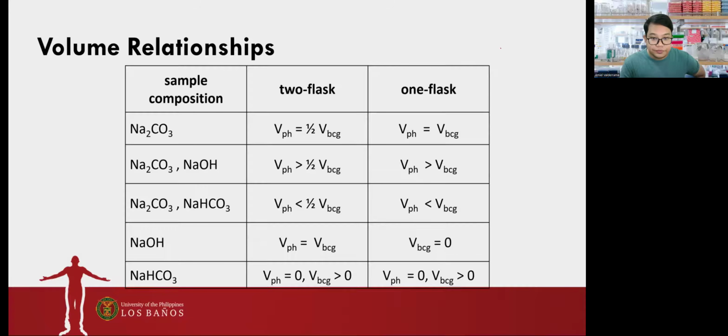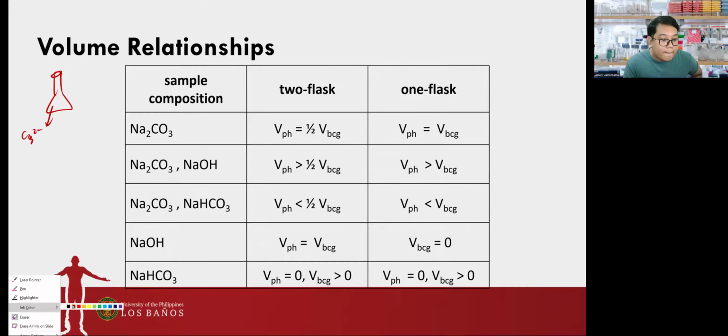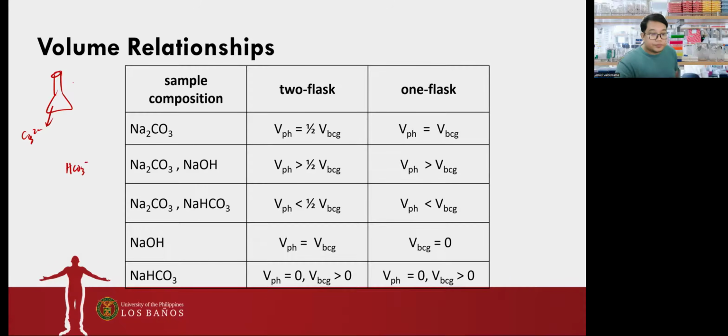Next naman, if you have sodium carbonate tsaka sodium bicarb, so clear natin to. So if you have these two, so again, you have one flask. Ang laman niya ay carbonate ion tsaka bicarb ion. So para mas madali, ilatag natin sila as if pH dependent yung ating ladder. Ayan, HCO3-. Okay. So as we add our first indicator na phenolphthalein, it will convert all carbonate ion to bicarb ion.